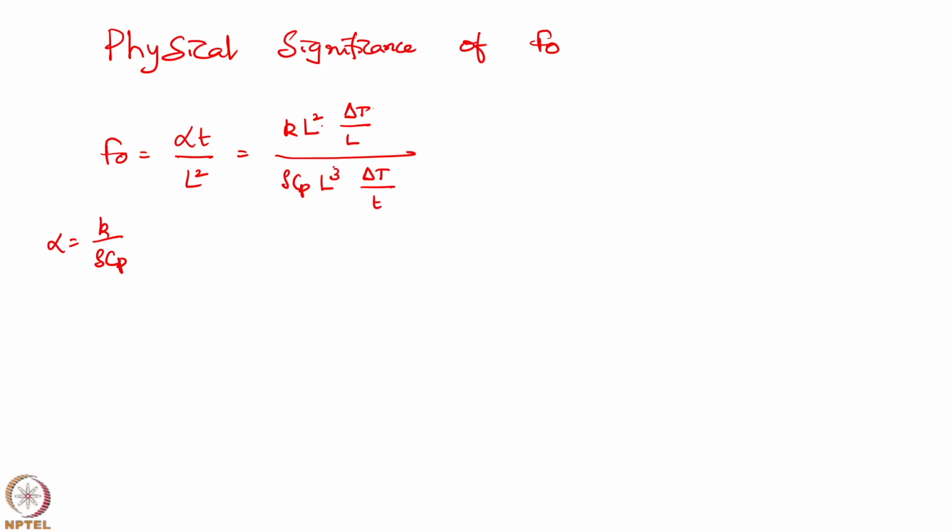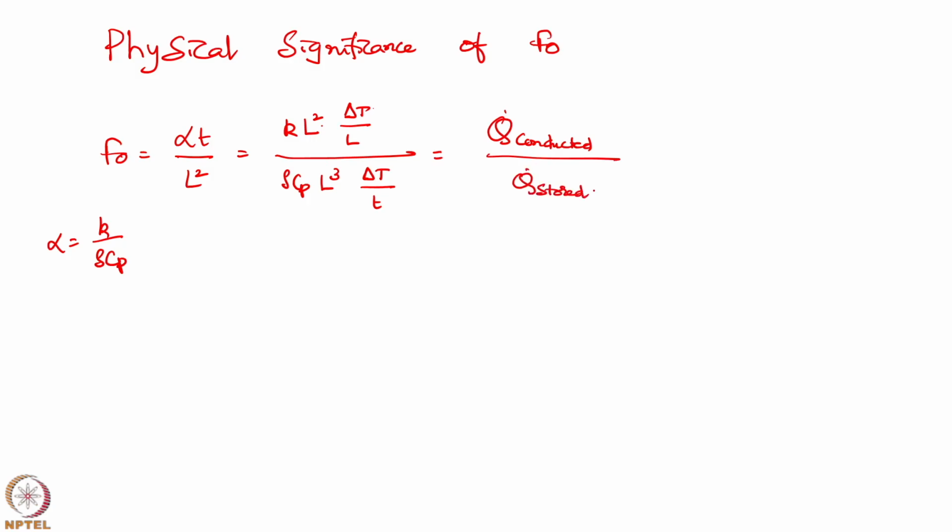So when I do that, this is nothing but the q dot conducted within the body. And this is nothing but rho V Cp delta T by t, this is q dot stored.